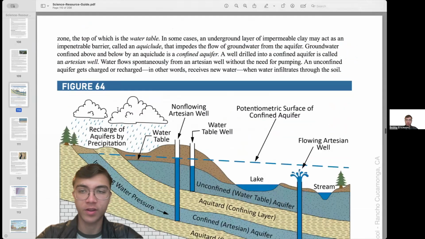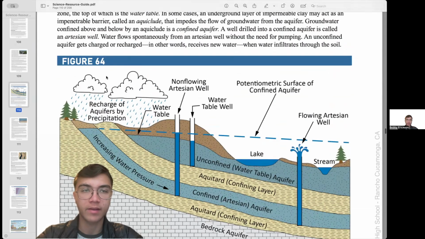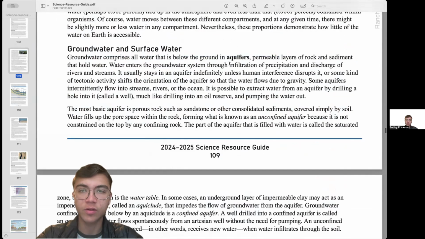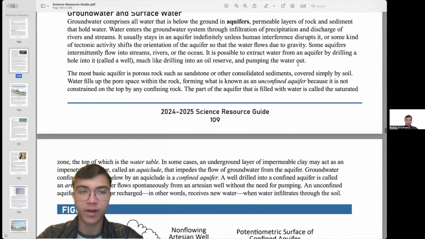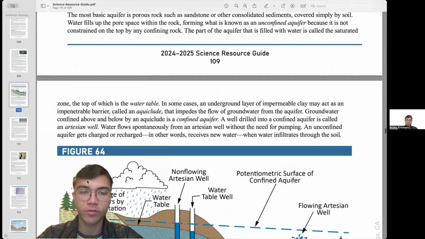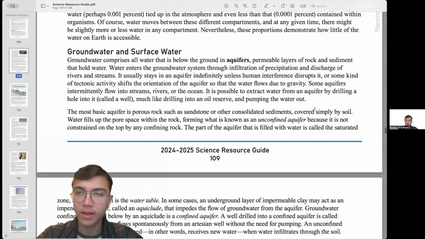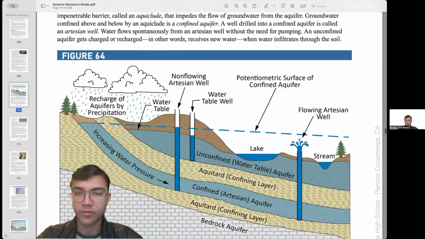I think this chart here is very important. We see that it's raining here, precipitation, and it's going into the aquifer. So the infiltration is the movement of water through the dirt into the aquifer.